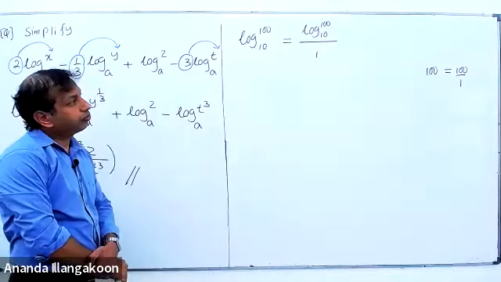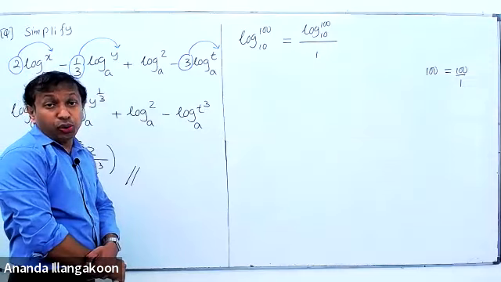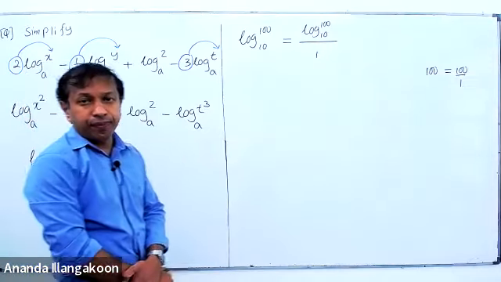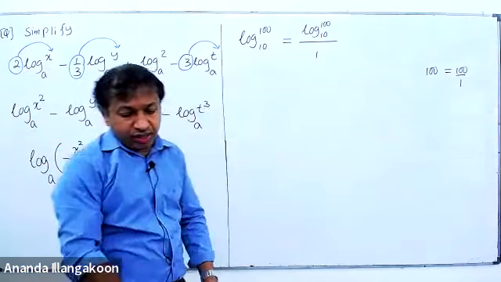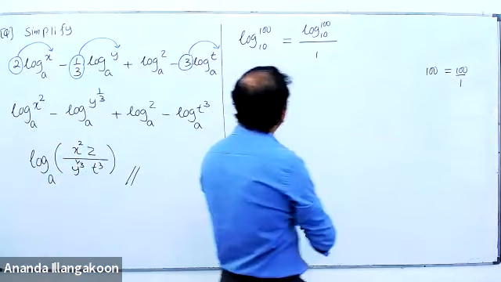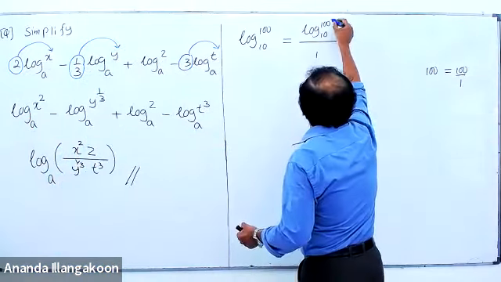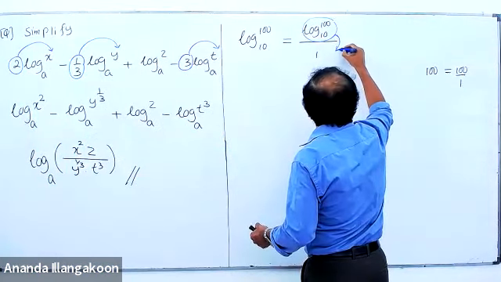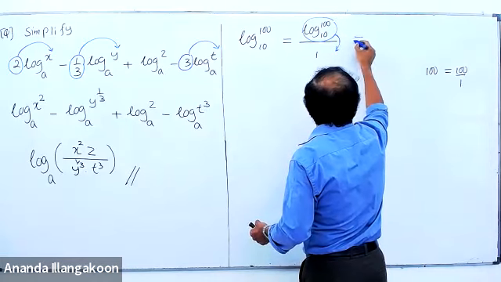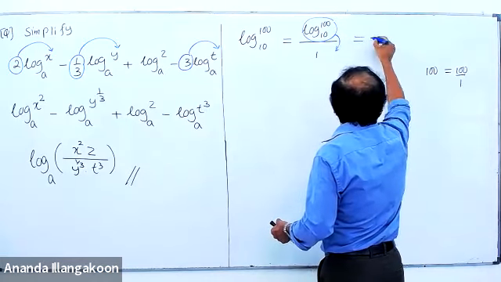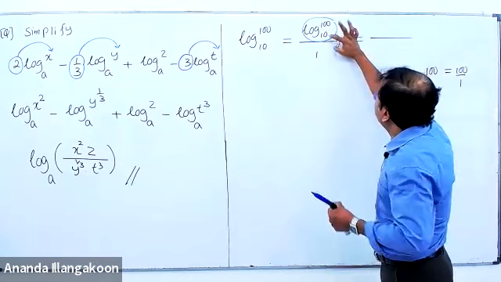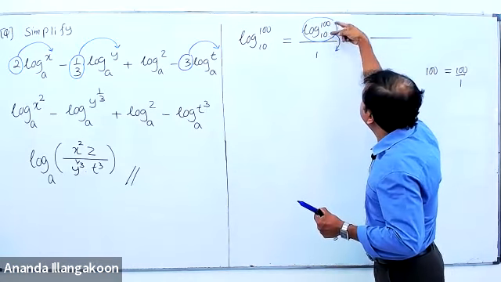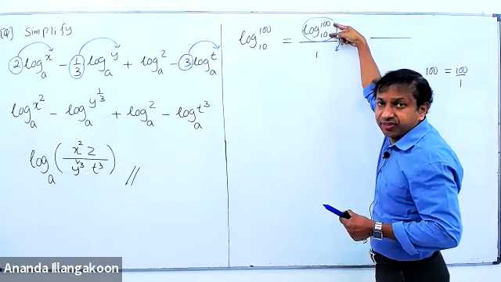Understood? This law states, people, we can write, taking this numerator log term, bringing that to the denominator. Then what happens is, the base and this number interchange the places.